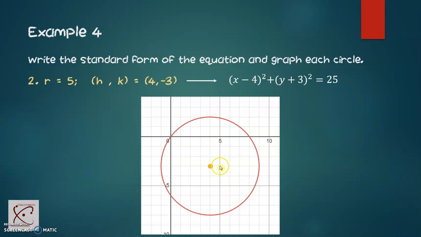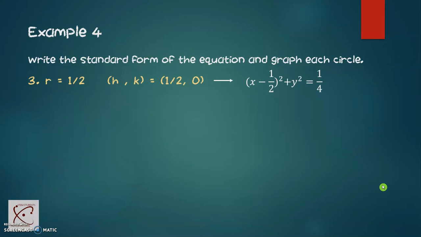So, we count 5. 1, 2, 3, 4, 5. Then 1, 2, 3, 4, 5 in each direction. And then, draw a circle.